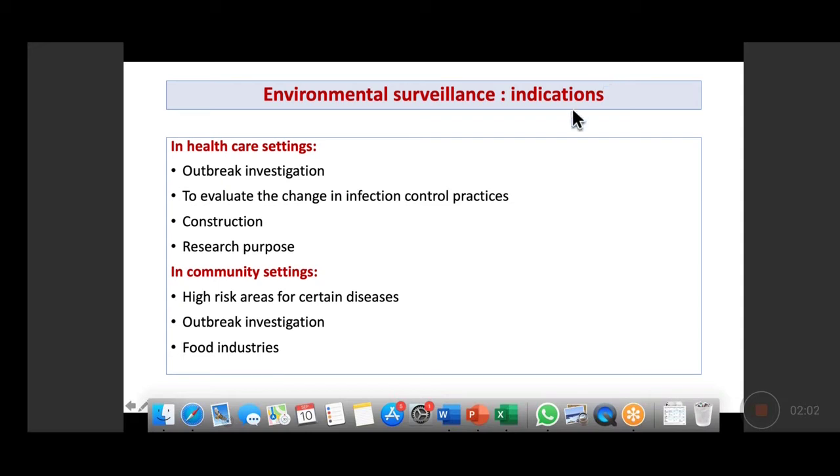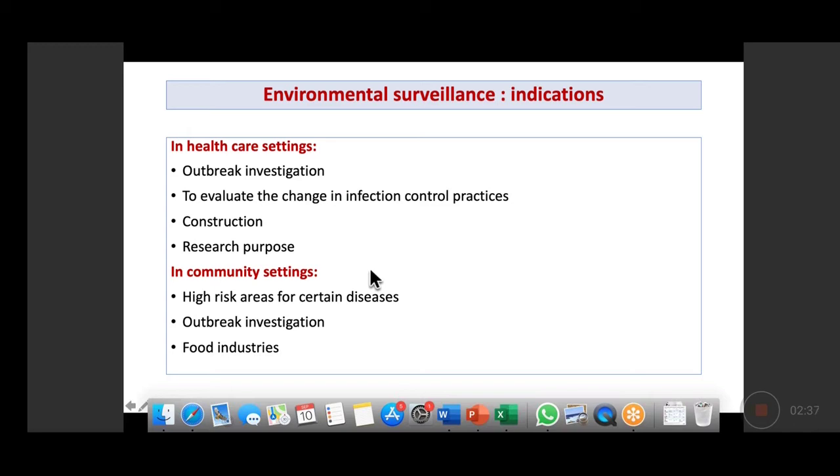Okay, then after that we can do it for research purposes, when we want to do certain research, or we want to estimate the healthcare associated infection rates in the hospital. Then again the environmental surveillance is indicated. In the community settings, when we talk about community as a whole, we do the environmental surveillance when we want to know the high risk areas for certain diseases which can spread through the various sources in the environment.